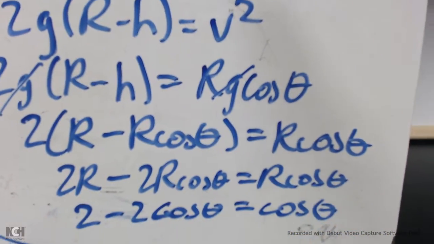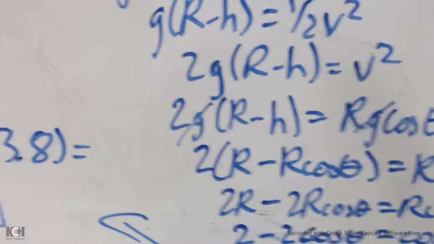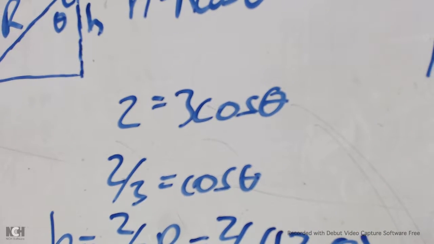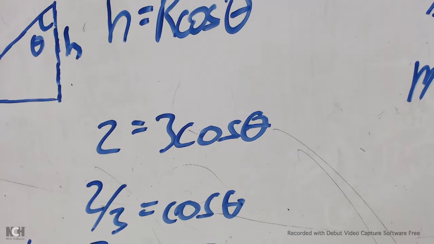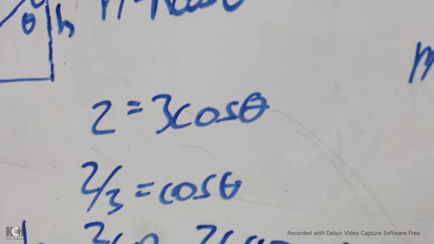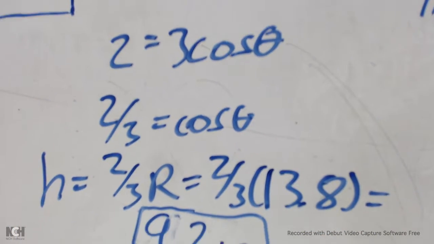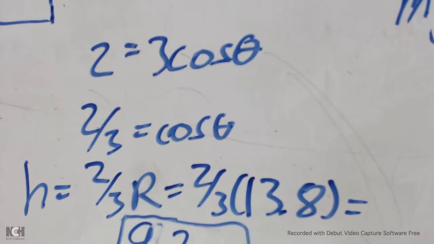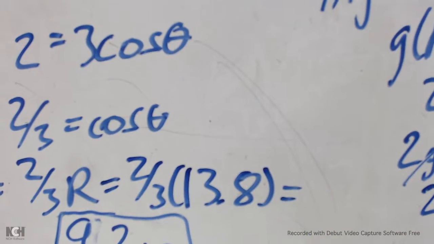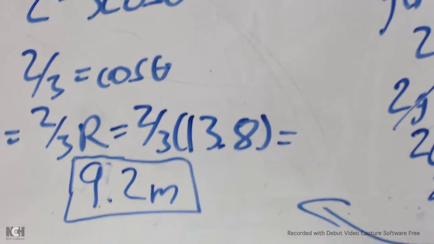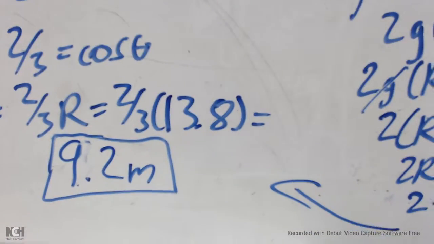And we just do some algebra, and we solve for the actual cosine of theta, which is 2/3. And now the problem is as simple as substituting for cosine of theta. So r times the cosine of theta is equal to 2/3 r, and 2/3 of 13.8, which was the given length for the radius, is 9.2 meters, and that's the height that the boy comes off.